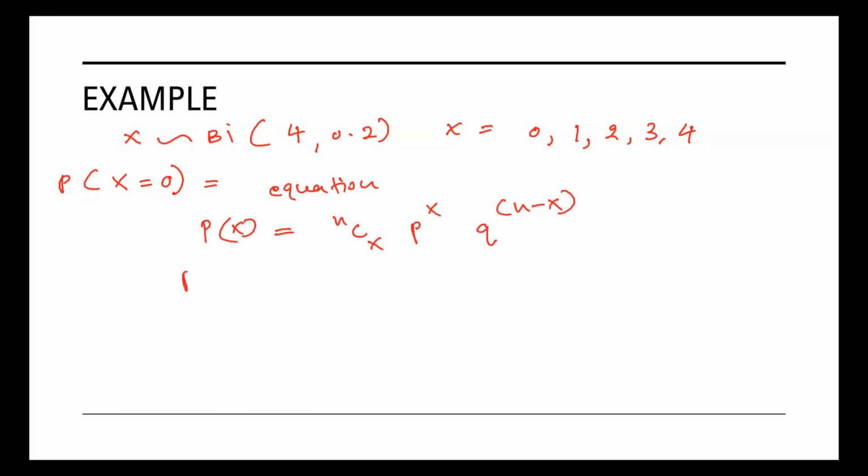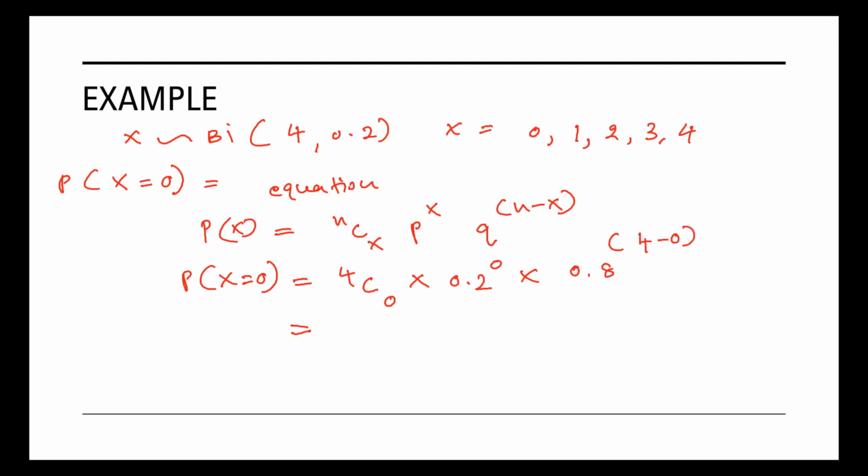So here P(x) equals 0, n is 4, 4C0 into p, which means 0.2 to the power 0, into q, which means 0.8 to the power 4 minus 0. Now you have to solve this.